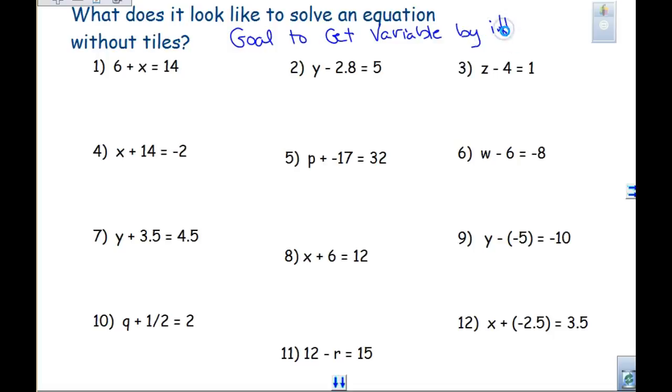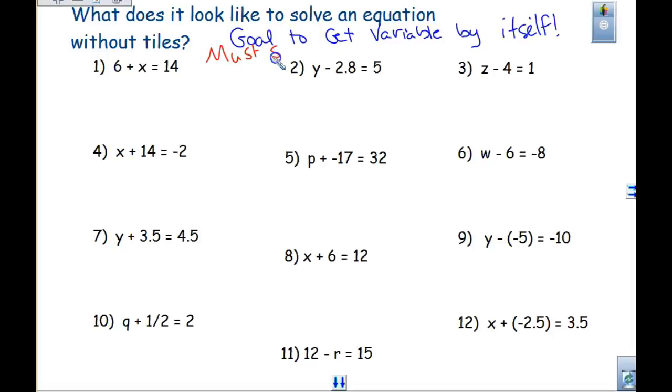And when you do these problems, you must show me the inverse operation. Now, I had someone say, oh, but I just did that in my head. So, to get the variable by itself, that's our goal. And the key thing is, you must show inverse operation.